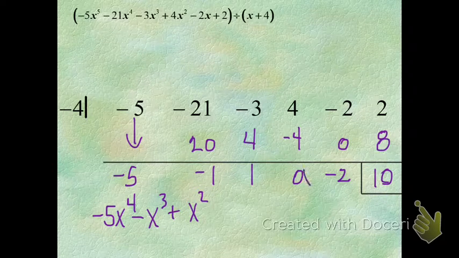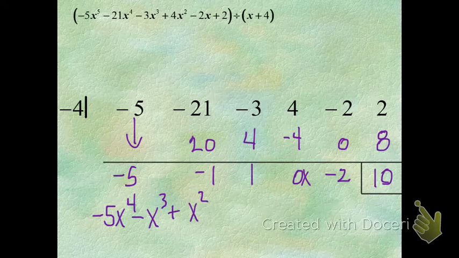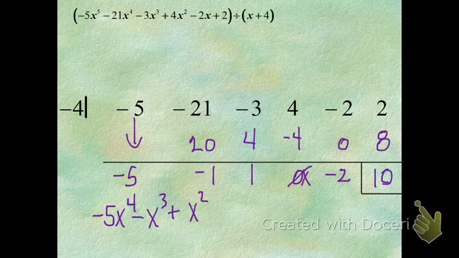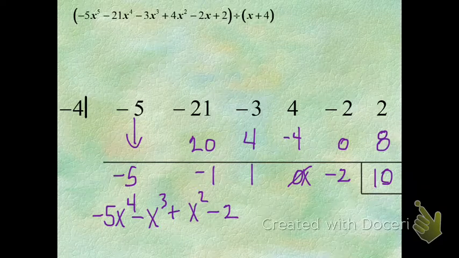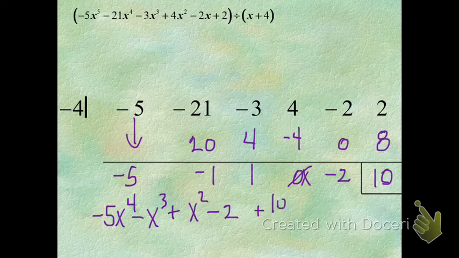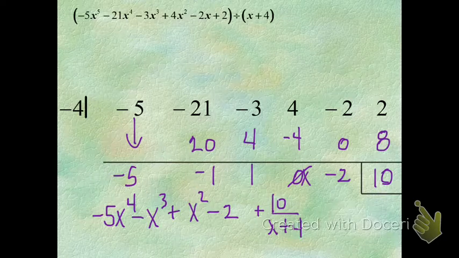Our 0 is the x, right? We're not going to put him in. We don't need to put him in. Which would leave our -2 as our constant. And we did have a remainder, so we're going to take that remainder of 10 and put it over our divisor of x plus 4. And there it is. Any questions on that?